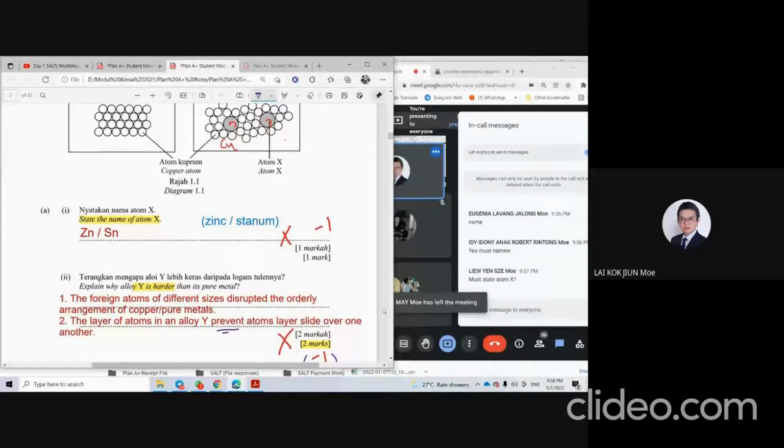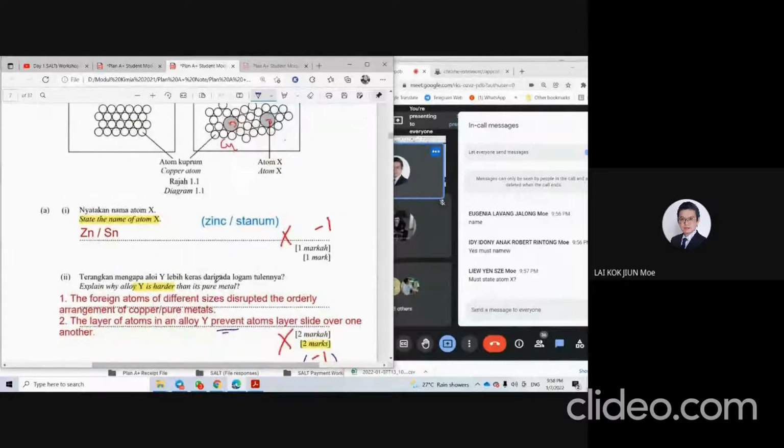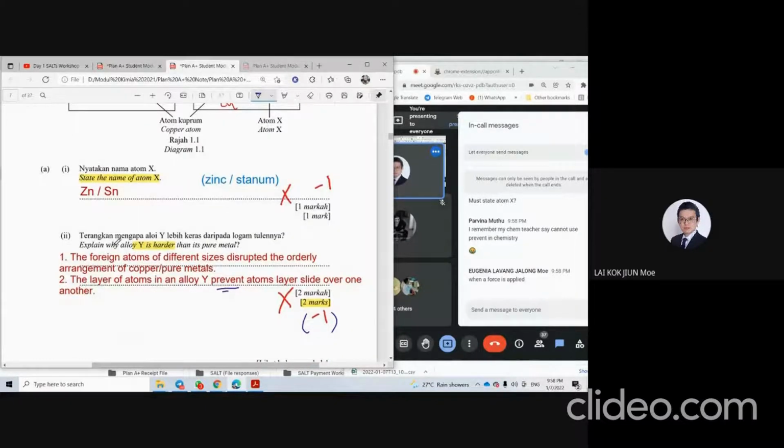Any wrong? You say cannot use prevent. Then you have to use which word? Or you remember the teacher say cannot use prevent. So Pavina, you have to give an alternative word. When a force is applied. Or when the force is applied. Okay.